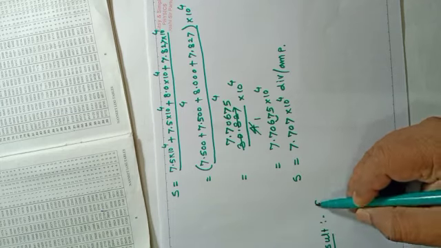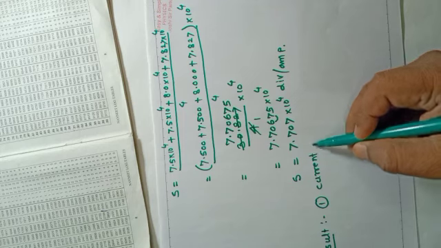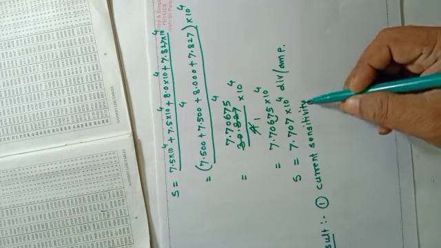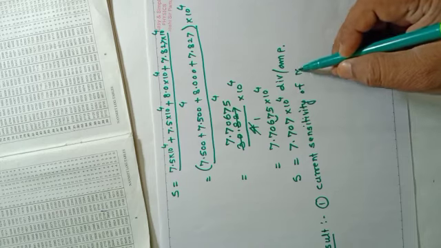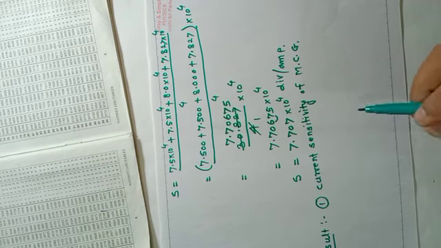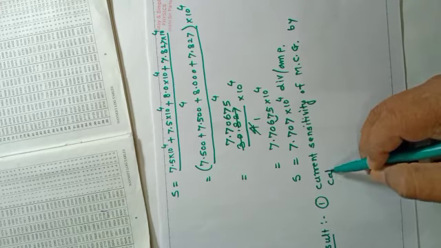First of all we can write current sensitivity of moving coil galvanometer, or current sensitivity of MCG by calculation.